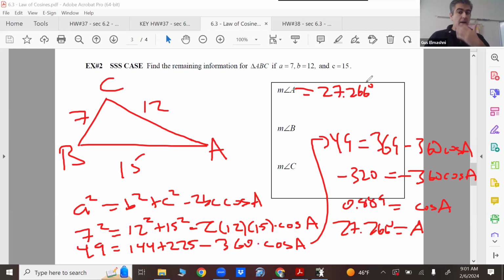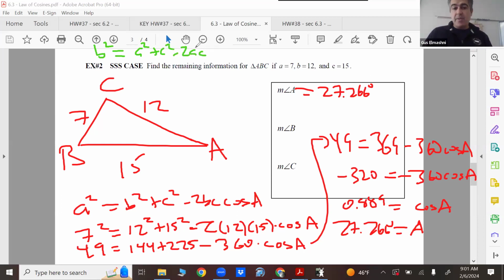Now, if you want, you could do the law of sines, or you could do law of cosines again. It's your call. Does that make sense, what I just did? Right? Okay. In the interest of space, let me do it up here. So let's solve for b now. I'll say b squared equals a squared plus c squared minus 2ac cosine b.